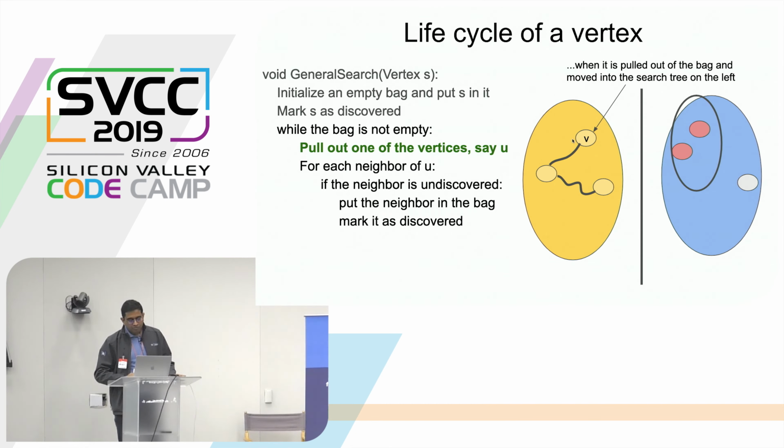If you add up the work that's required to look at the outgoing neighbors of each of those vertices, that's going to add up to the summation of the degrees of all the vertices in the graph.